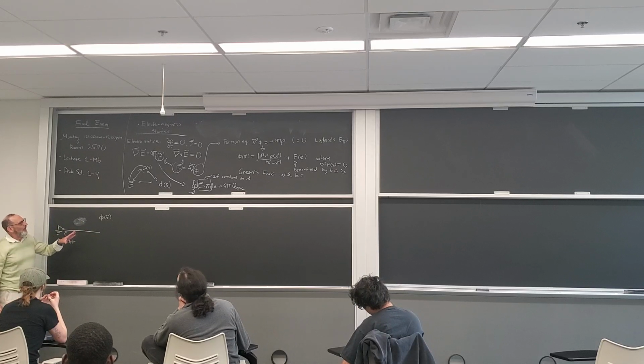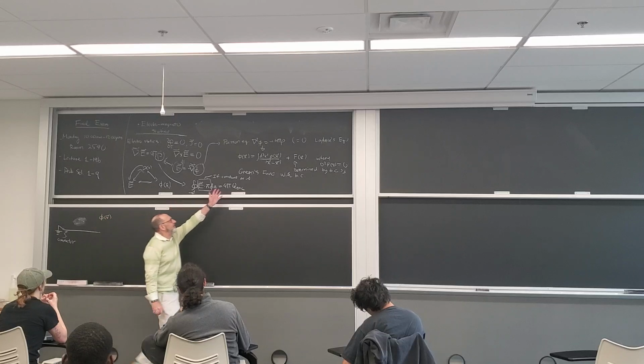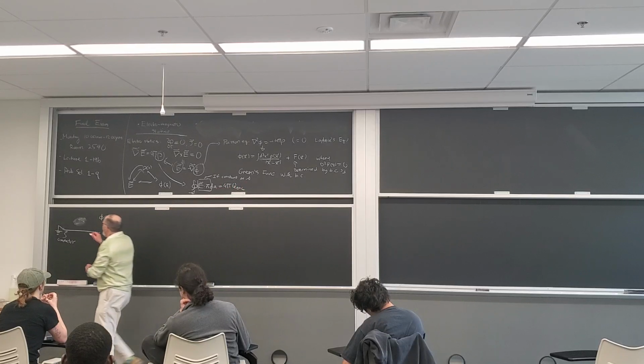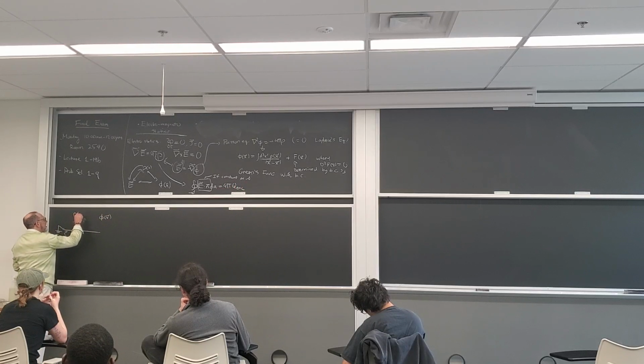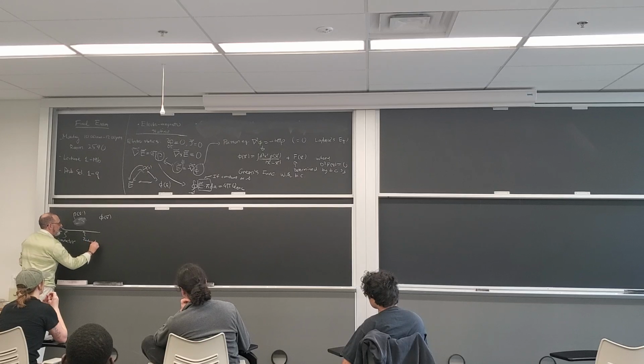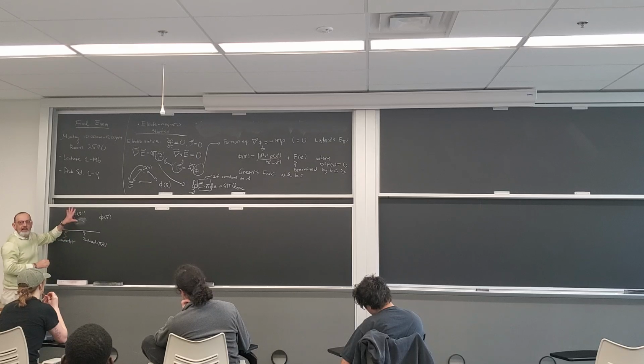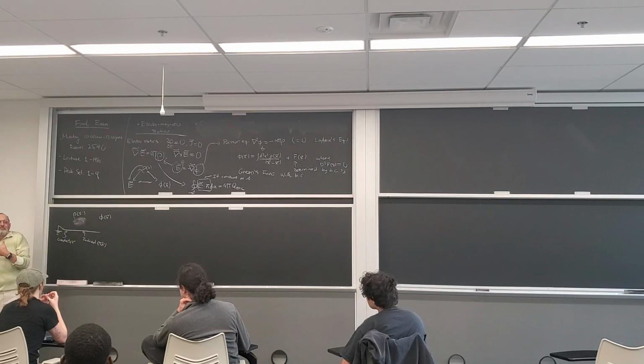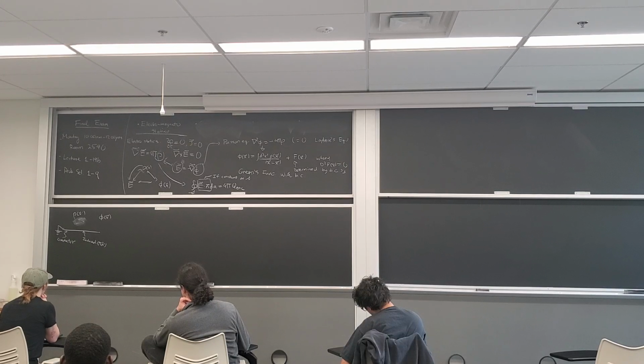Now, in principle, I could use this equation if I have the charge density here and the induced surface charge here, and calculate the potential by adding up all the effects from all these charges. But that's a very tedious way to solve this problem.